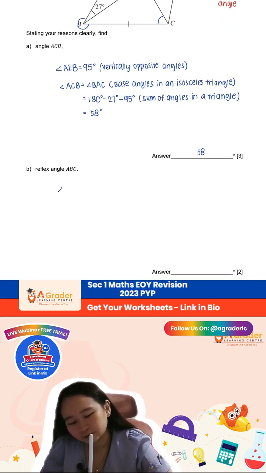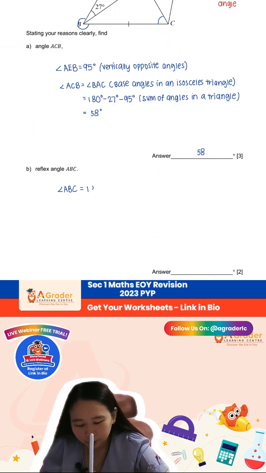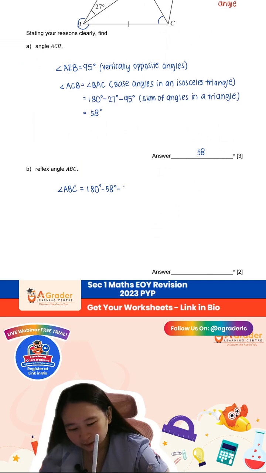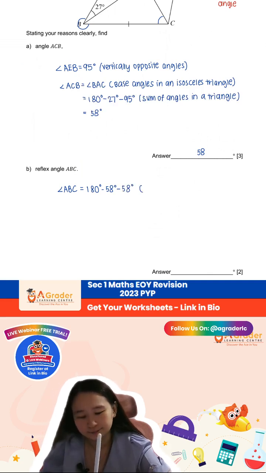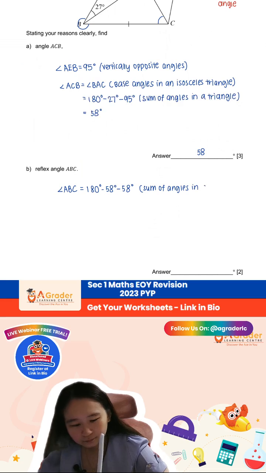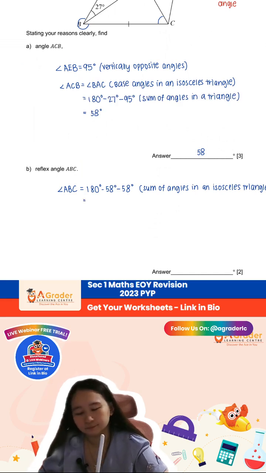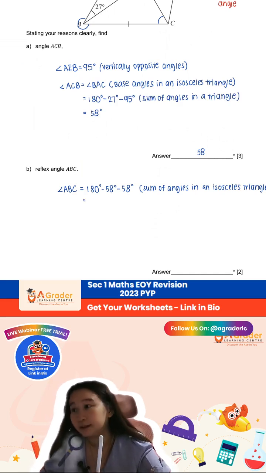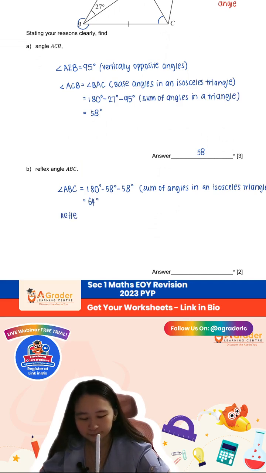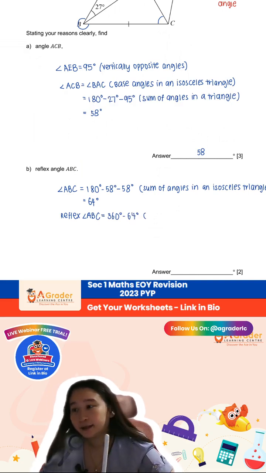Okay, so we can find angle ABC first using sum of angles in an isosceles triangle. So we take 180 degrees minus the two base angles, which is 58 degrees that we found in A. So it's 64 degrees. Then with that, we can find reflex angle ABC using angles at a point.